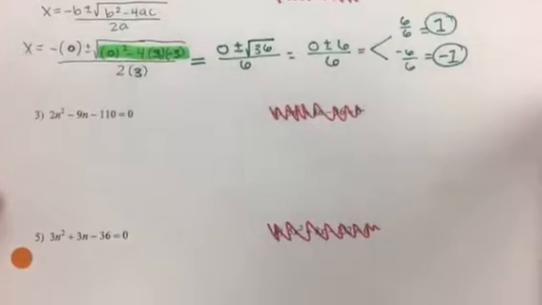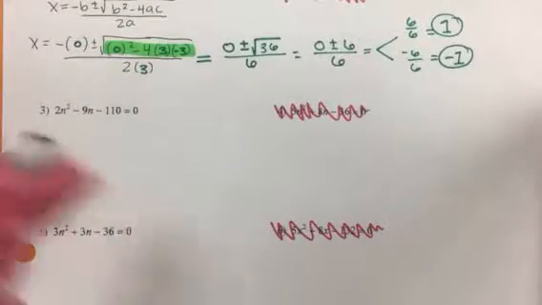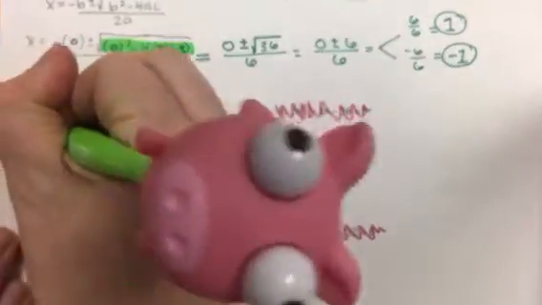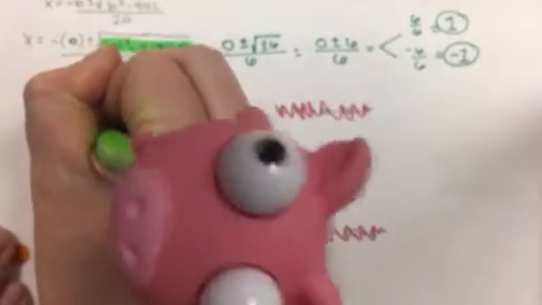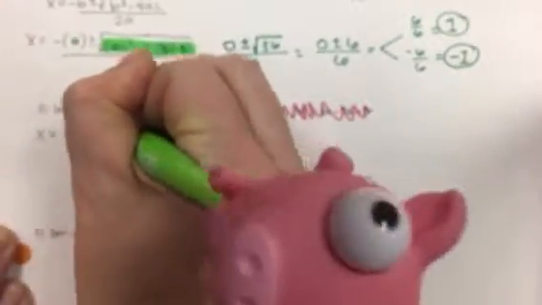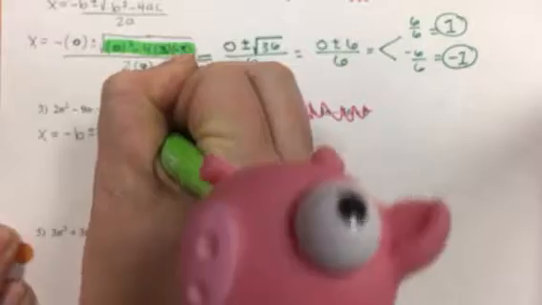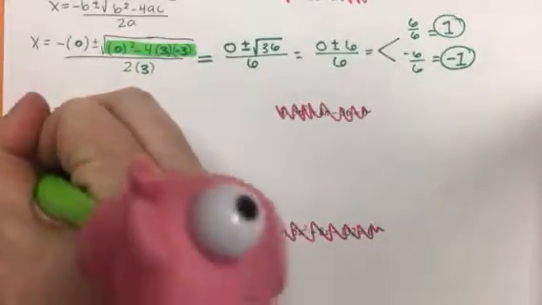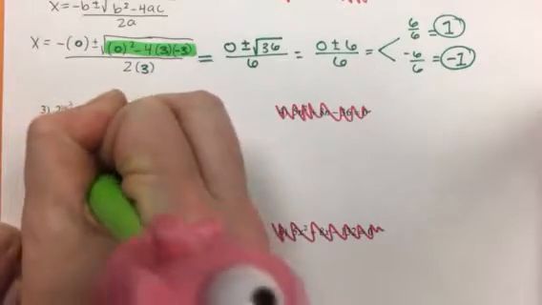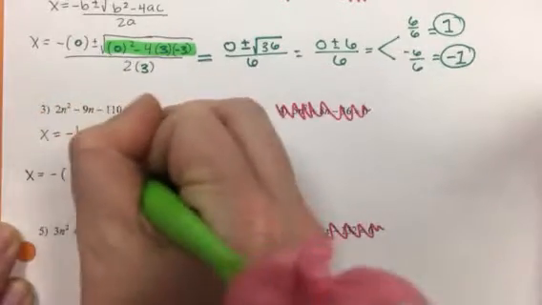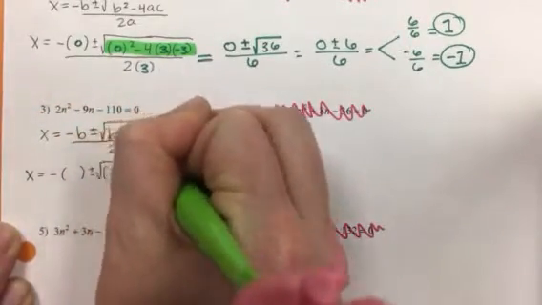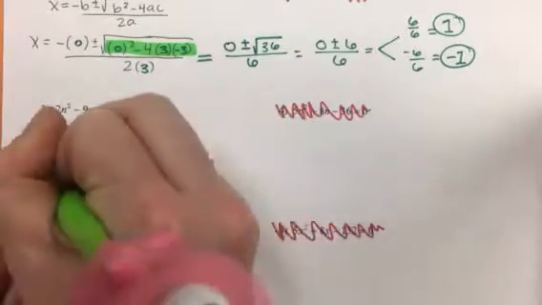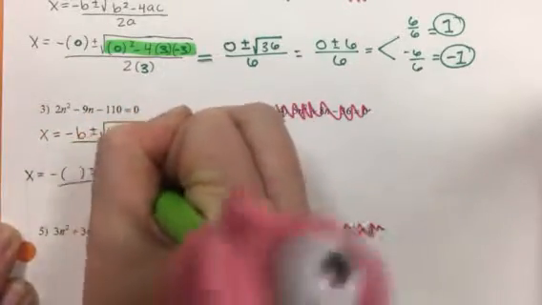On the next example, I'm going to write out the quadratic formula. X is equal to -b plus or minus the square root of b squared minus 4ac all over 2a. We rewrite it, but with parentheses to plug in our values, all over 2a.